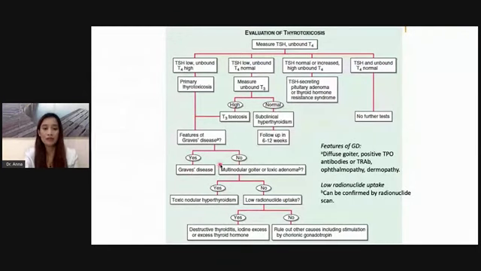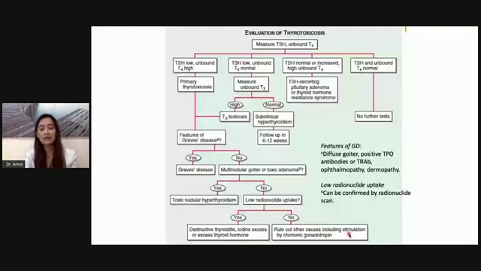So if there are no features of Graves, if it's multinodular, there are nodules or a toxic adenoma, then it could be toxic nodular hyperthyroidism. If not, then you check the thyroid scan. If there is no increase in radionuclide uptake in the thyroid scan, remember your thyroid scan before? It could be from other causes.